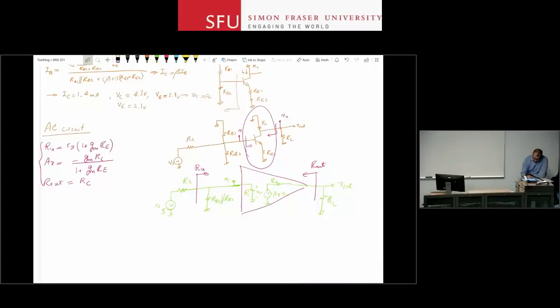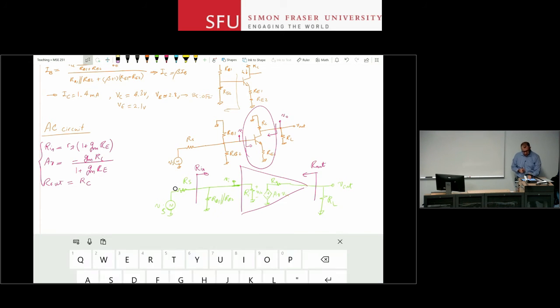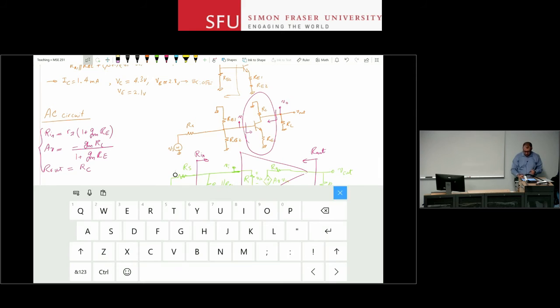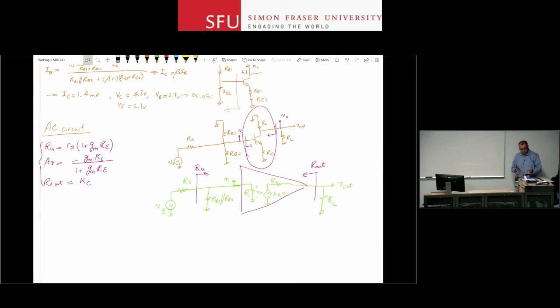For example, if I want to start with calculation of Rin, formally I have to remove the independent source, so Rs and Vs go out. I attach my test source to the input of that circuit and I measure the current that goes in. But if I look to the right side of the arrow, all I have is RB1 and RB2 in parallel and one Rin in parallel with them.